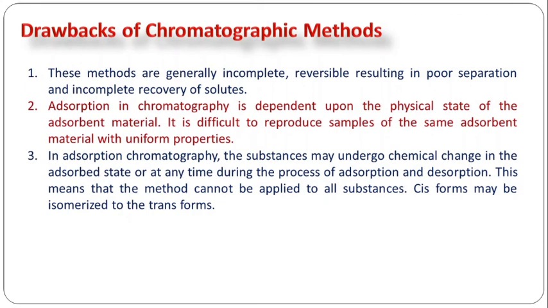This means that the method cannot be applied for those substances. For example, cis forms may be isomerized to trans forms. This is one of the drawbacks, but this is for rare compounds which contain very sensitive material.